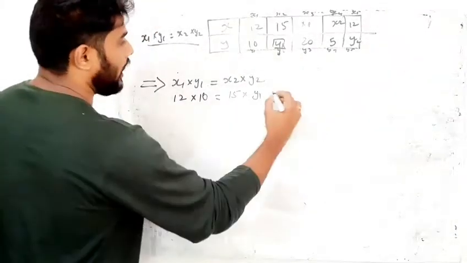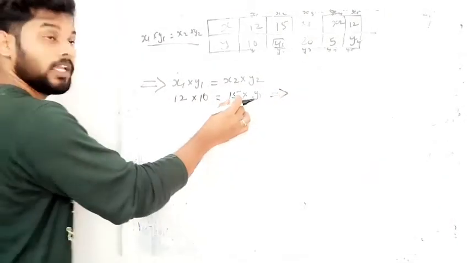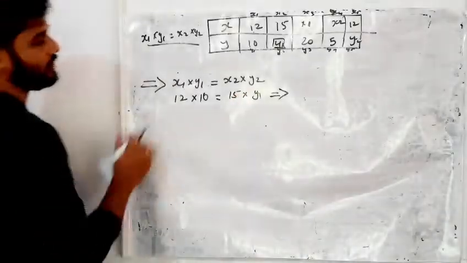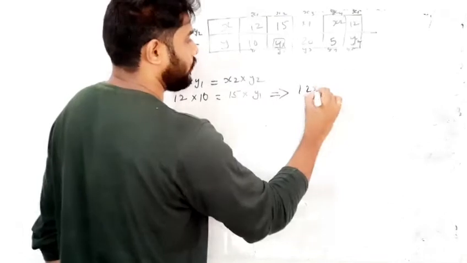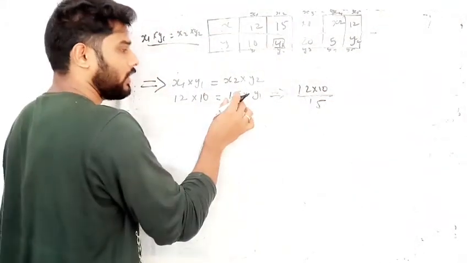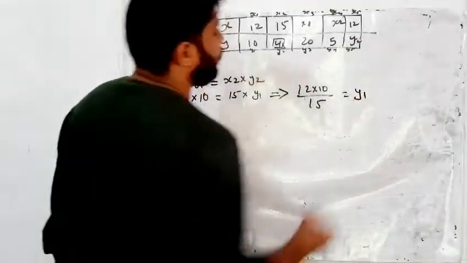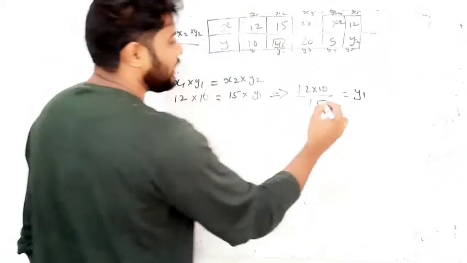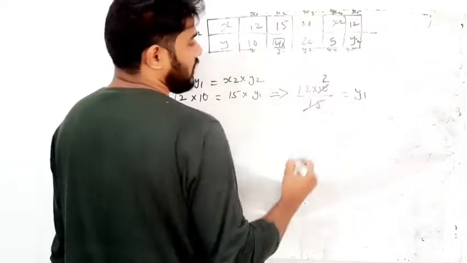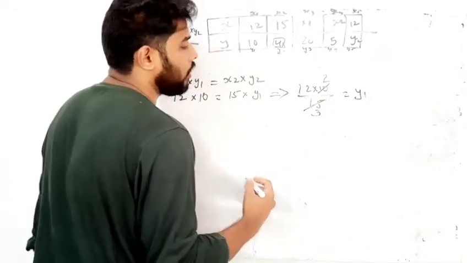Clear? Now next, this 15 from the right hand side will come to the left hand side. Then 12 into 10 divided by 15 is equal to y1. Now we can cut these. 5 twos are 10, 5 threes are 15.